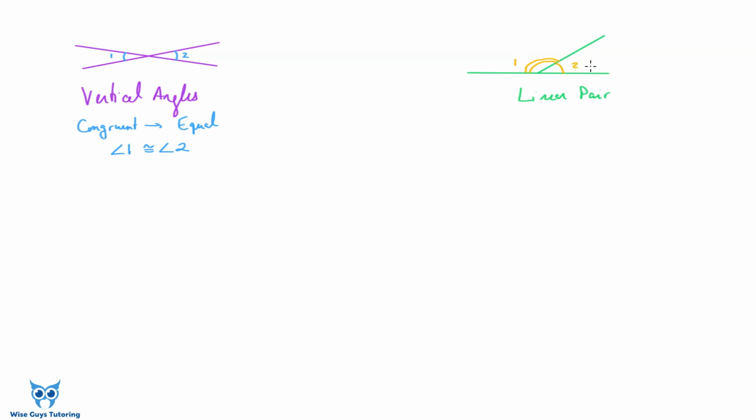Let's call this angle 1 and angle 2. So we can say that the measure of angle 1 and the measure of angle 2 equals 180 degrees. So for example, if this one was like 150 degrees, then we can be certain that the other angle of the linear pair is 30 degrees because 150 plus 30 make 180.